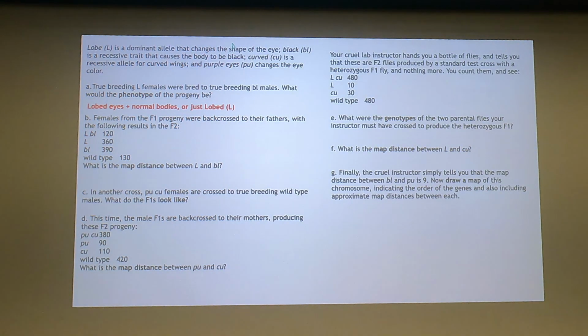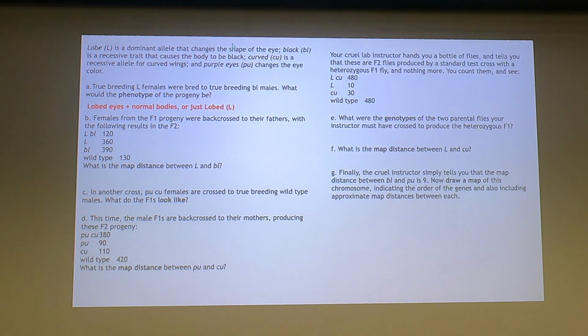So we got a pairwise cross. So the distance is just going to be the frequency of the recombinants divided by the total number, right? So we got, this is a recombinant, this is a recombinant, that's 250 out of 1,000 flies.